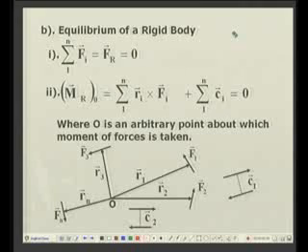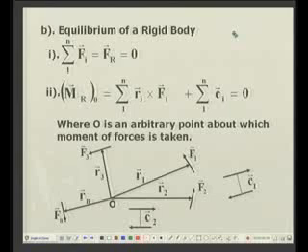Then the conditions of equilibrium are: the sum of all these individual forces, the resultant force Fr, is equal to 0, and besides this we require another condition, that the moments of all these applied forces taken about any arbitrary point O, the resultant moment, is also equal to 0.